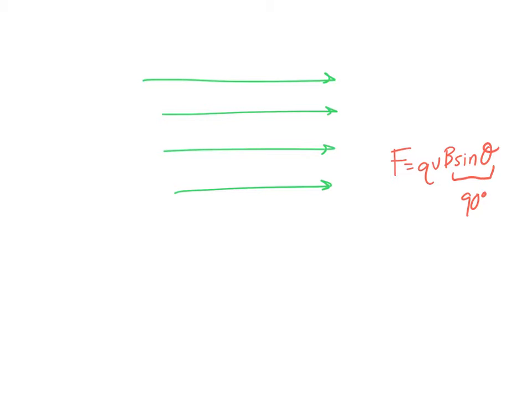So if you had 3 electrons, okay, or I'm sorry, let's do positive charges. Okay, so one's going this way, one is going this way, and one is going this way, and they're in the same magnetic field, they have the same charge, and they're going the same speed. That would mean this guy would feel nothing, this guy would feel some, okay, and this guy would feel the most.